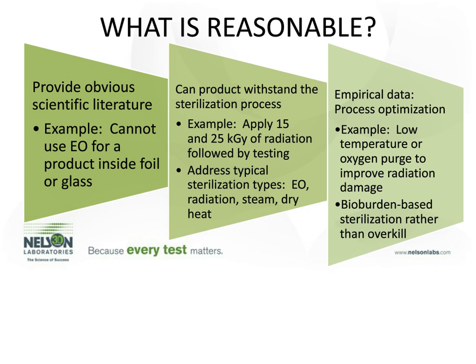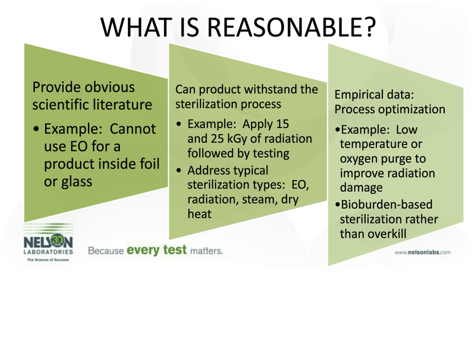That is well understood. Then the next step, you might find, is can a product withstand the typical sterilization processes? So for radiation, for example, you might try a 15 and a 25 kilogray dose of radiation. The 25 kilogray dose is a very common dose for most products, and 15 kilogray is on the lower end of a sterilization dose that could be used.